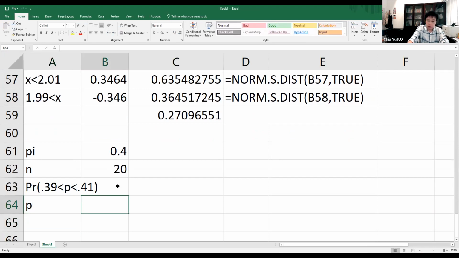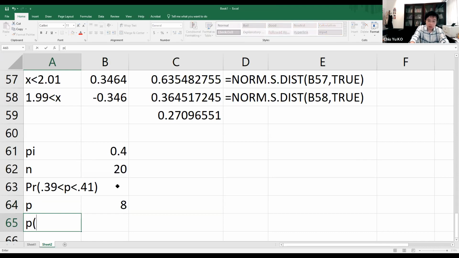P is 0.8, right? Which is just equal to this multiplied by this. And this is the sample mean or the expected value, right? This sum of proportion, that should be fine.